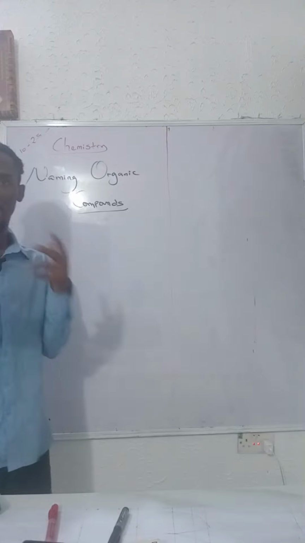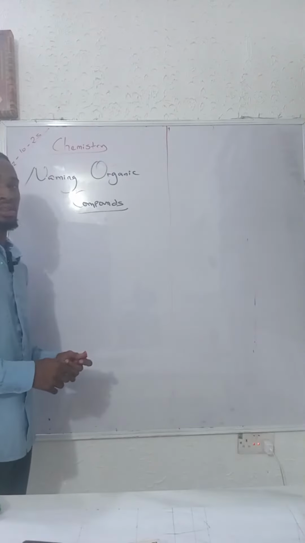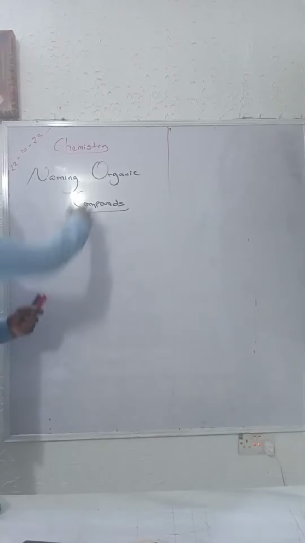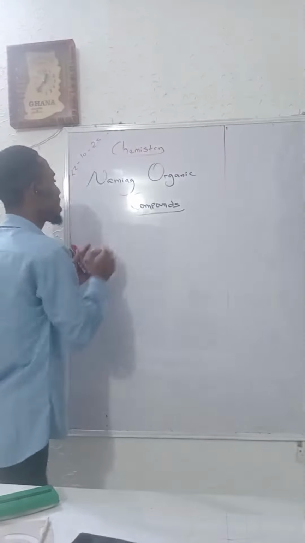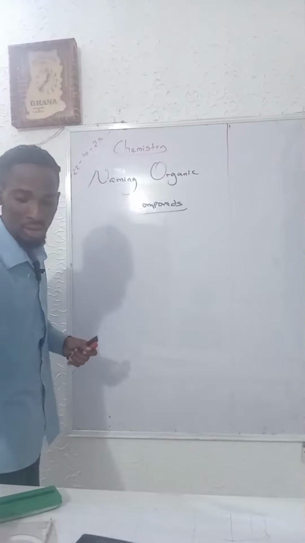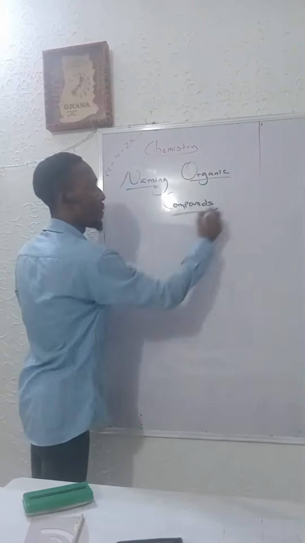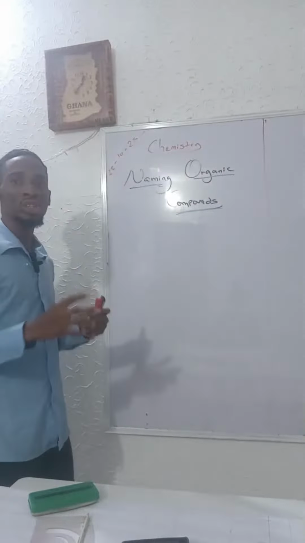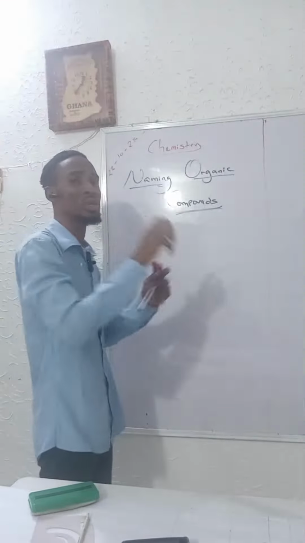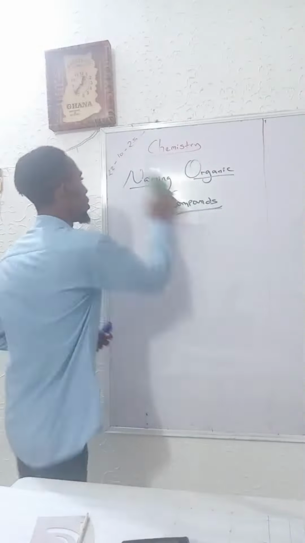We're not actually going into organic chemistry or organic compounds in general today. We are specifically talking about how to name organic compounds. But before we do this, there are some little things you need to understand. A very good example now. Let's start from here.